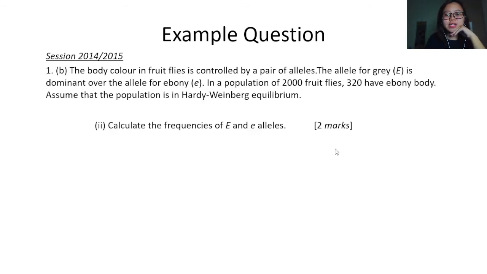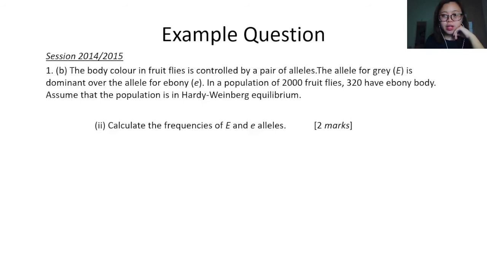Calculate the frequencies of big E and small e alleles. You cannot start. I mean, you can try. You can try pausing the video and try to answer this question. And then come back. To calculate the frequency of alleles, when you have a question like this, you must always start with the recessive allele.